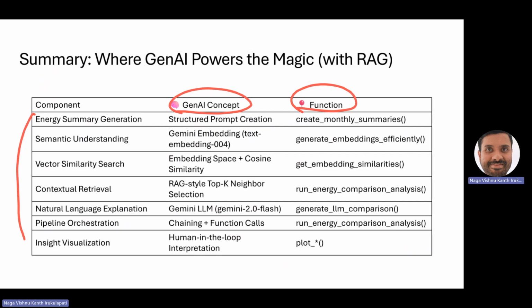Just to summarize, we have summary generation with a prompt, semantic understanding with Gemini embedding functions, vector similarity search with embedding space and cosine similarity, context retrieval with understanding the top neighbors, in this case top and bottom 5, and then natural language explanation using Gemini 2.0 Flash, pipeline orchestration with chaining and function calls, and insight visualization using the plots. So these are the functions that we have used in this project.